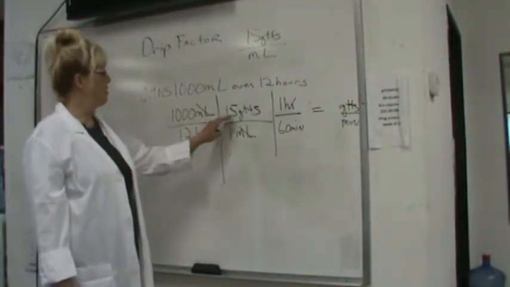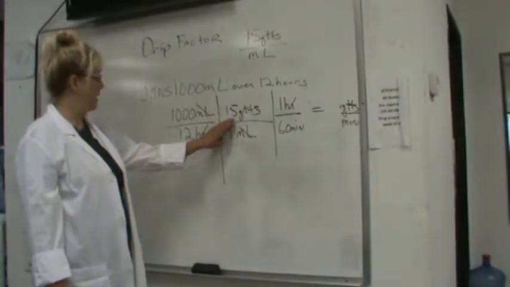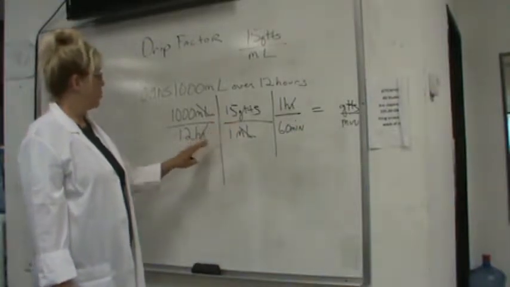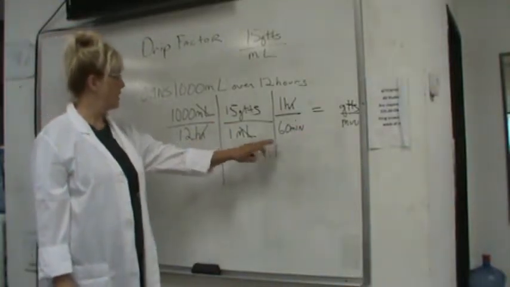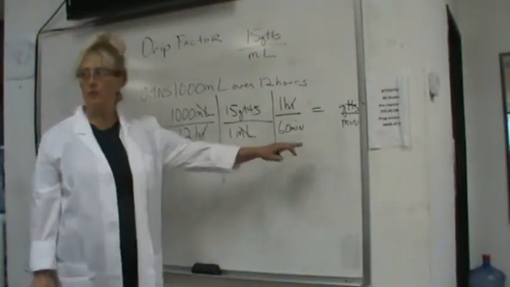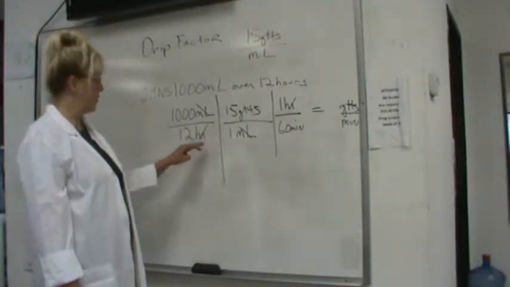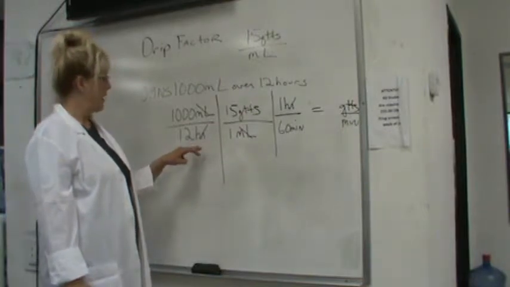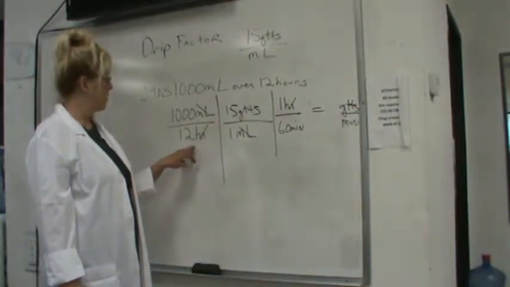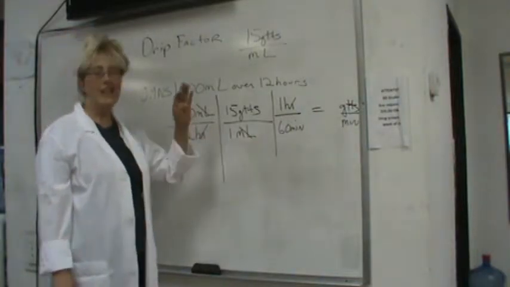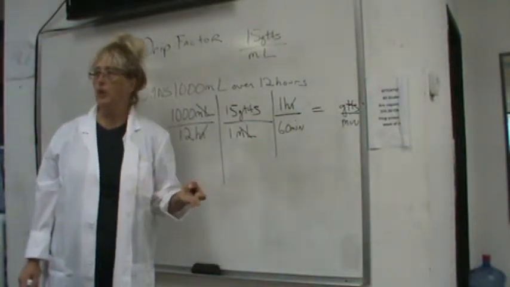So 1,000 times 15 is what? 15,000, right? 12 times 60 is what? 720. Yeah, 720.